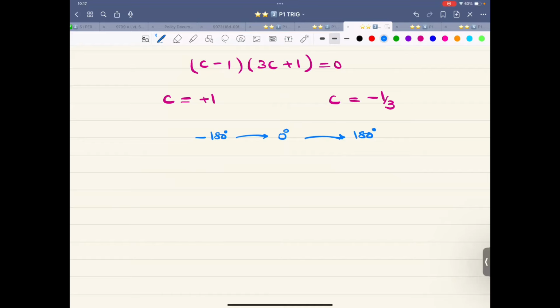When c is positive 1, I can draw a very small sketch, just like what we did in one of the questions above. Actually, it's the same sketch.